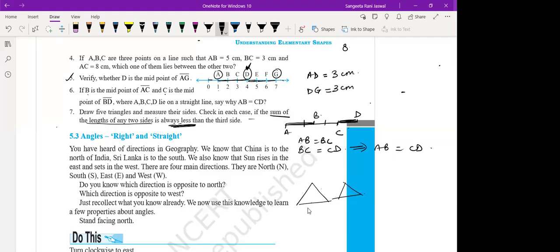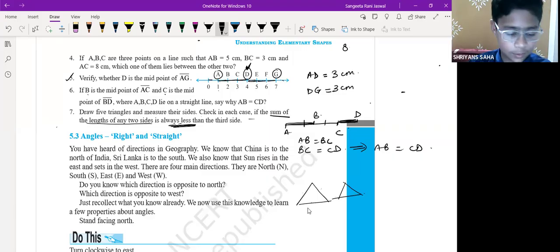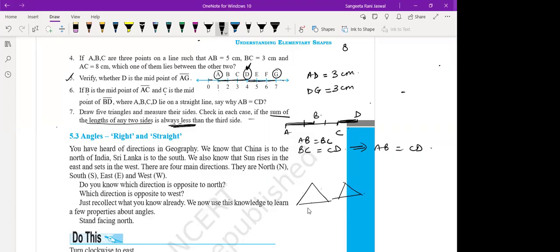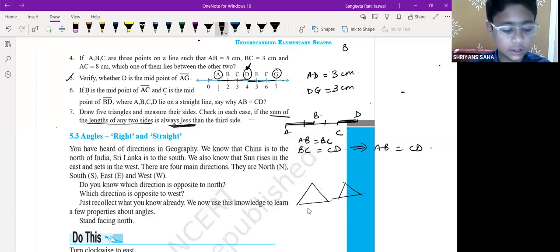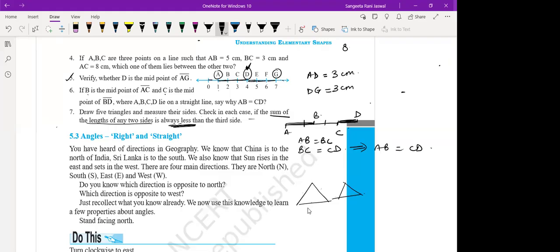So what did you find? Those are bigger than the third side. So in every triangle you will find that the sum of the two sides is always greater than the third side.